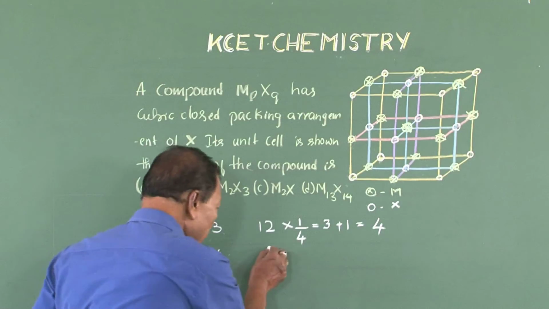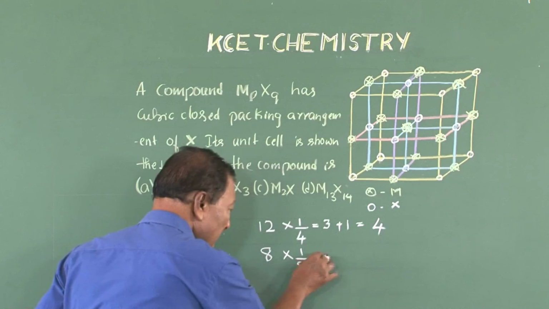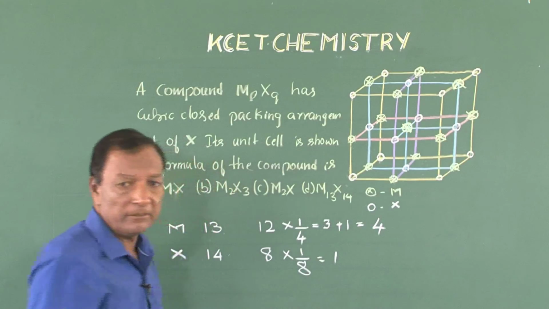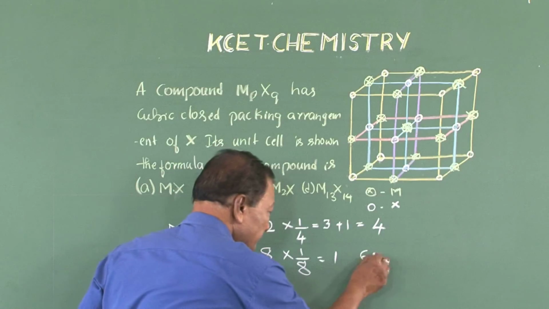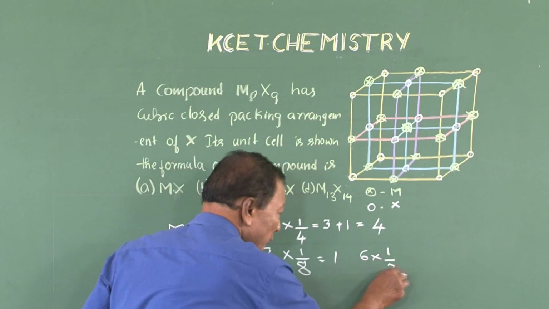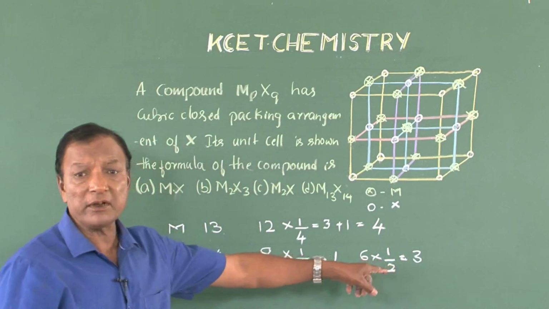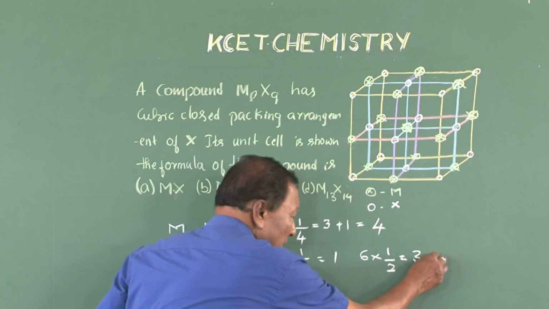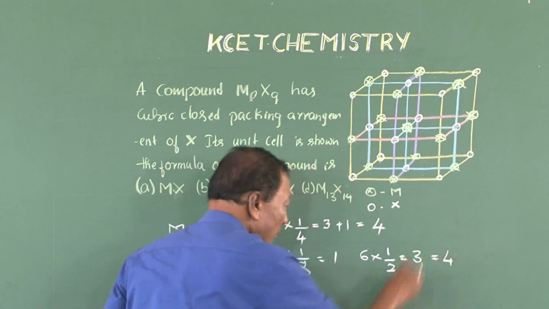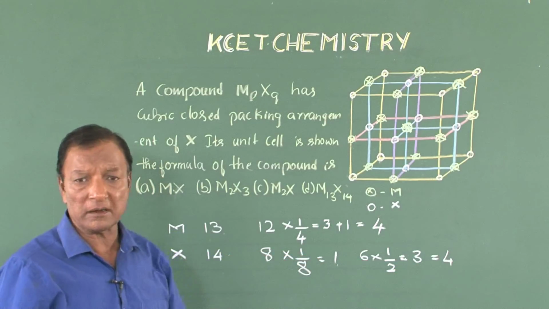From 8 corners, it will be 1 particle, and from 6 face centers, each face center will provide 1/2. From 6 face centers, it will be 3 particles. That gives the total of 4 particles. 1 plus 3, that will be giving the total of 4 particles.